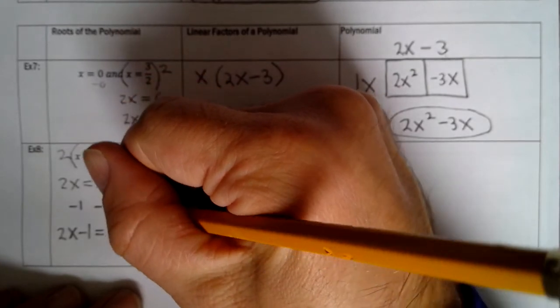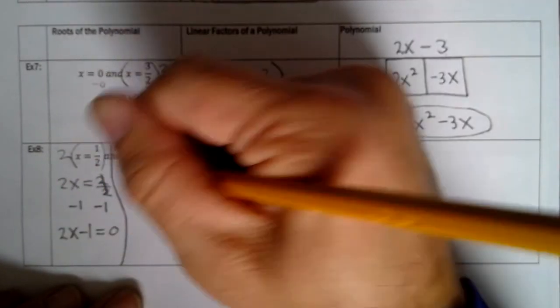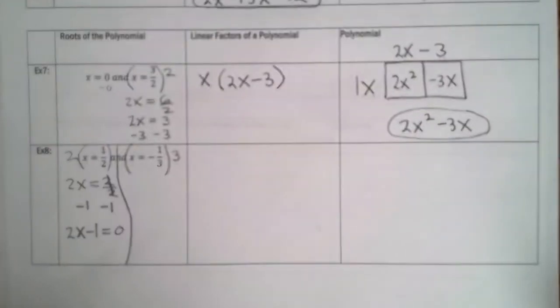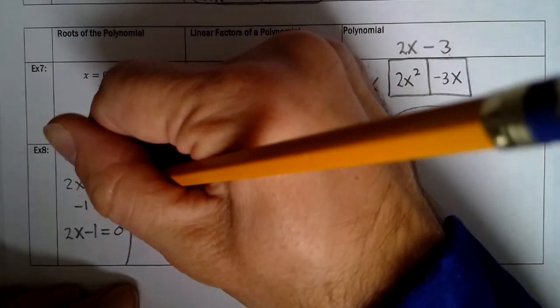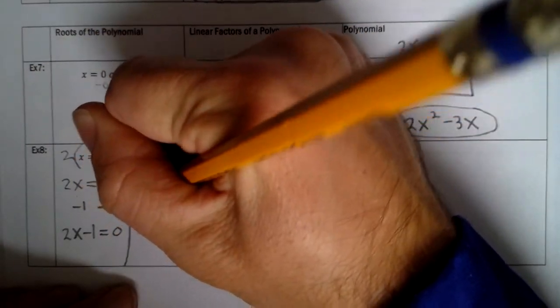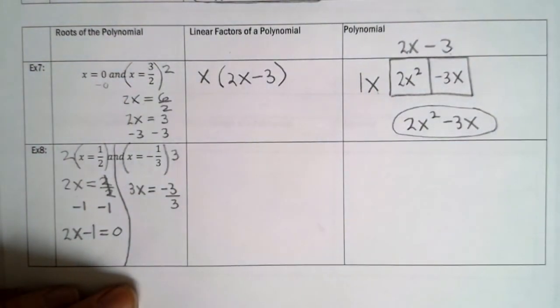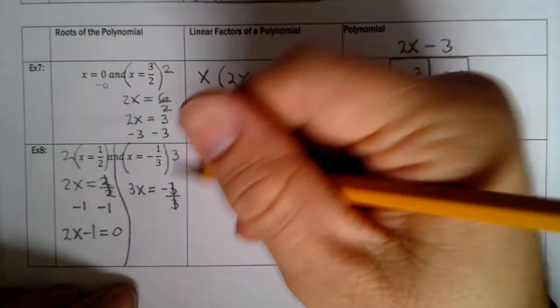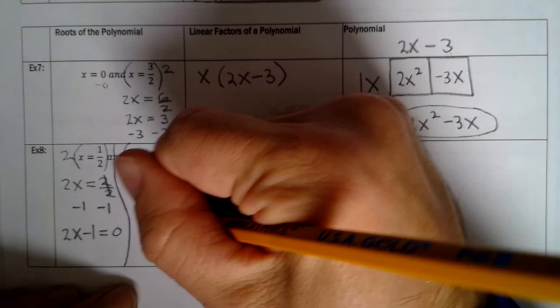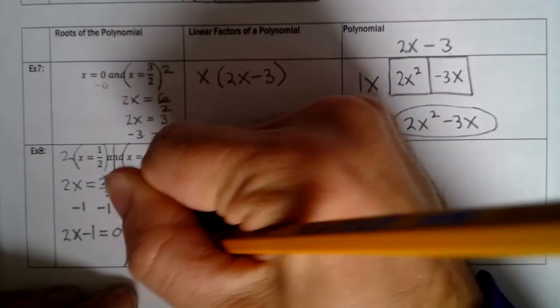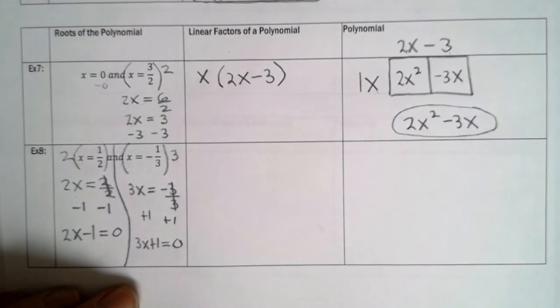And let's make it unblurry. So then you get 3x equals negative 3 divided by 3. Well, that's negative 1, so we add 1 to both sides, so you get 3x plus 1 equal to 0. So our factors are 2x minus 1 and 3x plus 1.